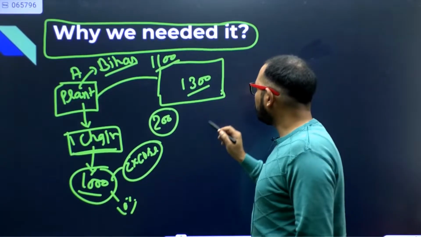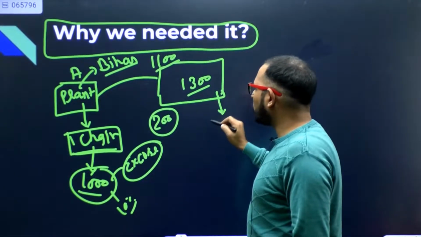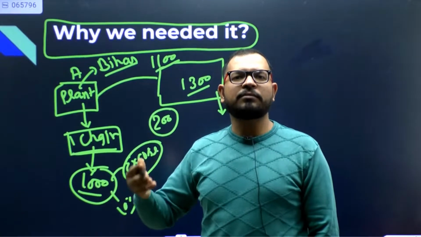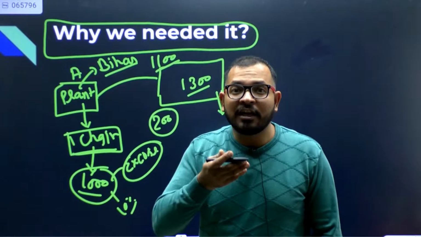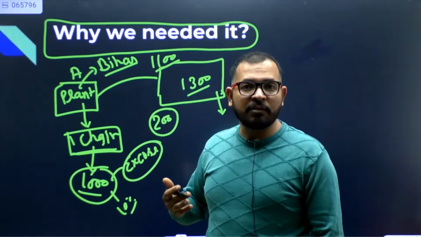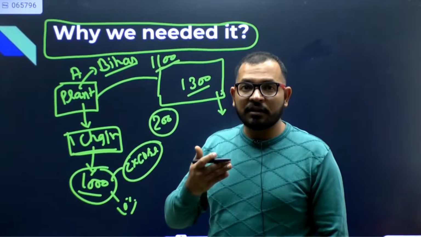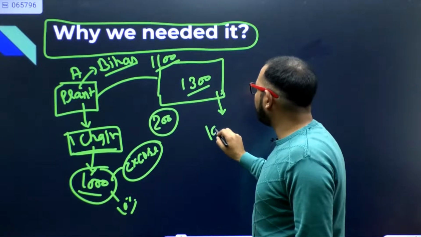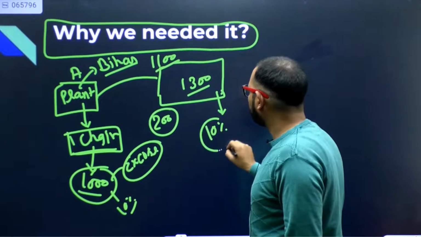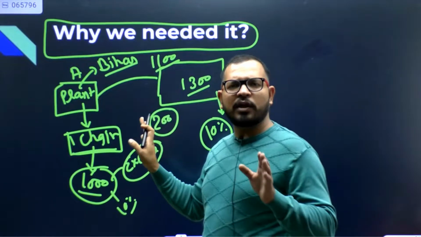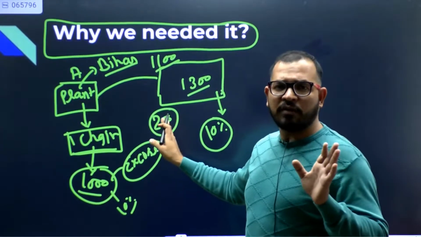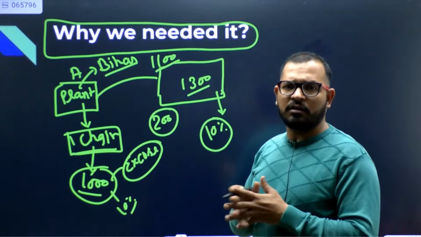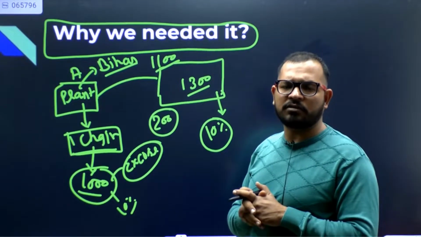Fine. Because you have added value to the product, here comes the value added tax levied by the state government. So let's say again the value added tax is 10%. We are understanding through an example. Please do not consider that value added tax was actually 10%, because it is different for different states.